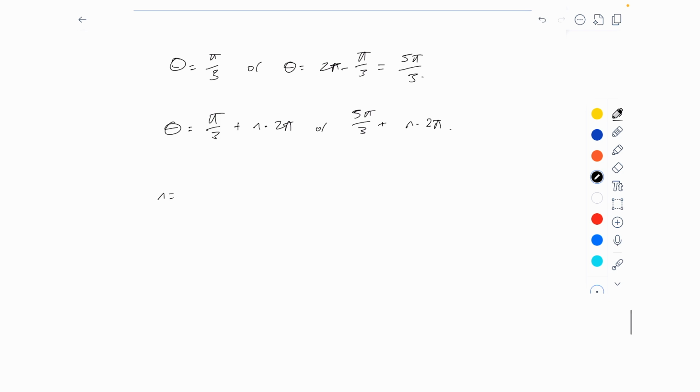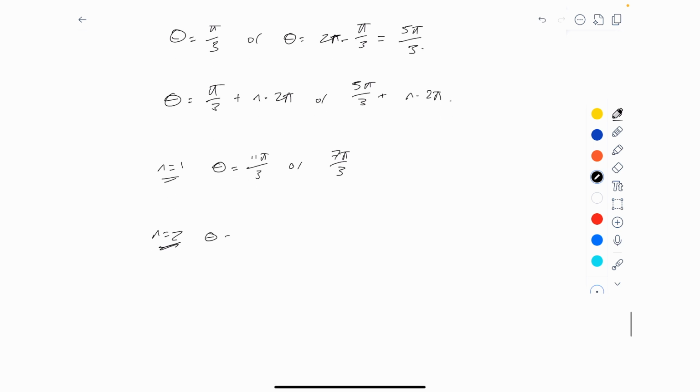But if n equals 1, what solutions do we get? We get theta is equal to 7 pi over 3, or 11 pi over 3. And if n equals 2, theta is going to equal 13 pi over 3, or theta is going to equal 17 pi over 3.